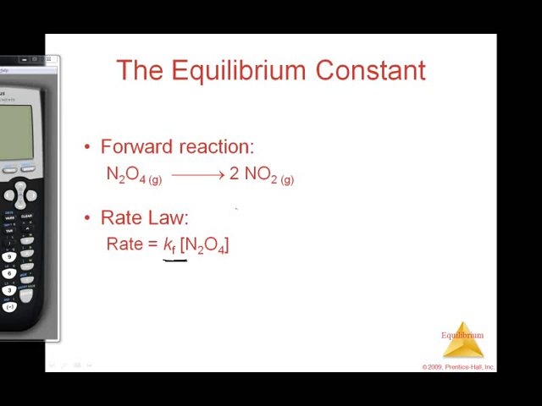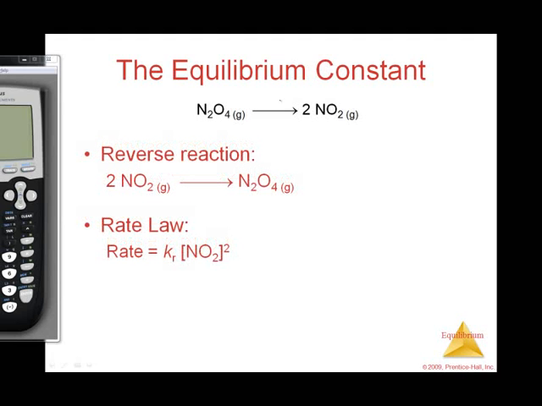It's got a one coefficient, so there's no exponent here. If I were to take that same equation and write the reverse reaction, the product now becomes the reactant, and I write the rate law for the reverse reaction, I get NO2 squared, right? Because I've got 2 NO2 here.